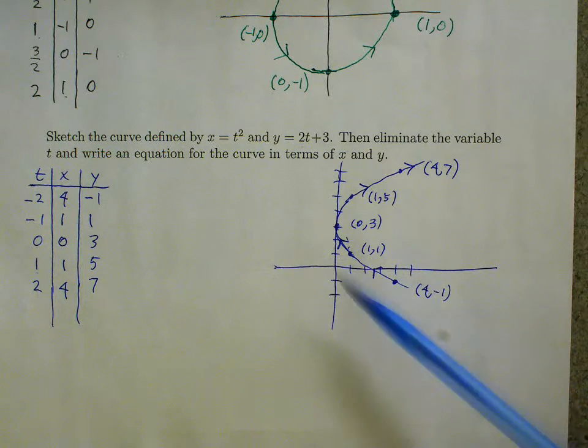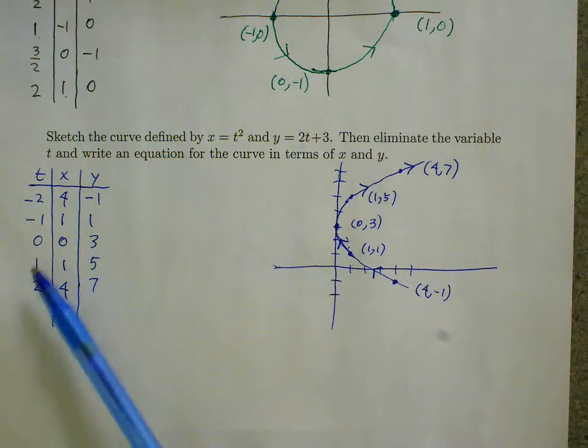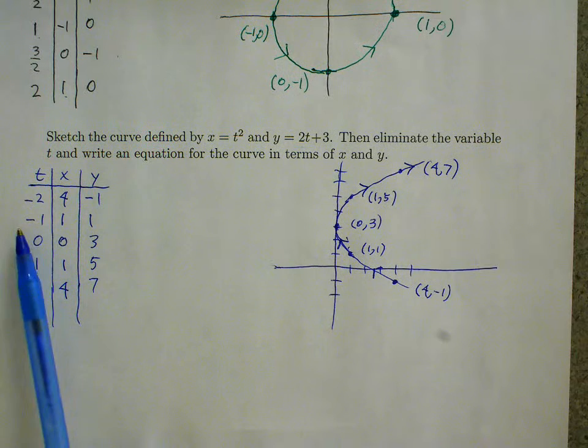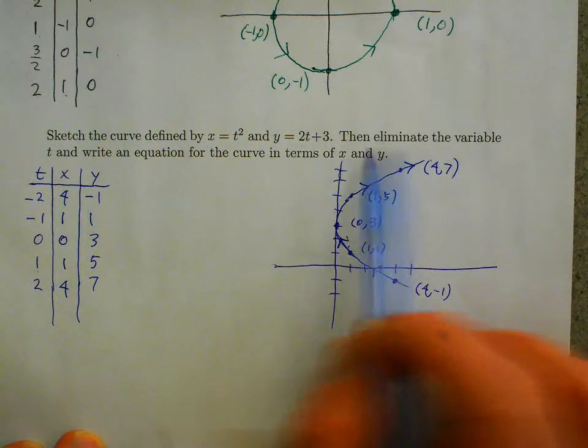So this might not be an extremely accurate graph of the curve. If we want more accuracy, we can pick more t-values. But it sort of looks like a parabola. Okay, so let's eliminate the variable t.